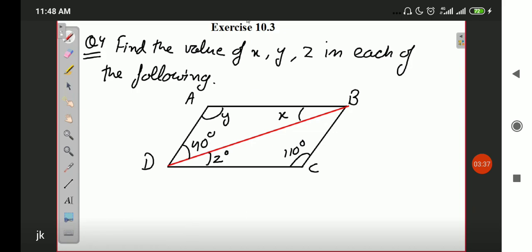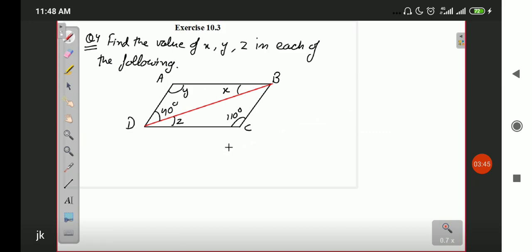Okay, so we'll start with it. First of all, in this parallelogram ABCD, if you have seen the earlier videos in which I explained the properties of parallelogram and other types of quadrilaterals, you can easily see that opposite angles are equal.